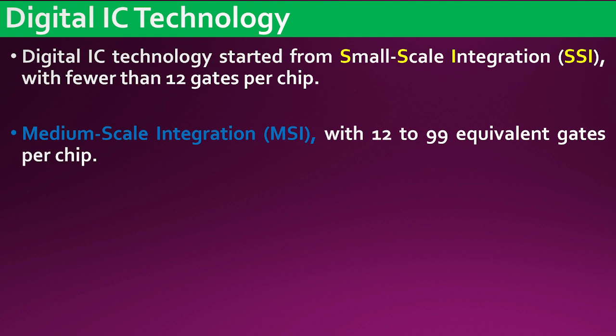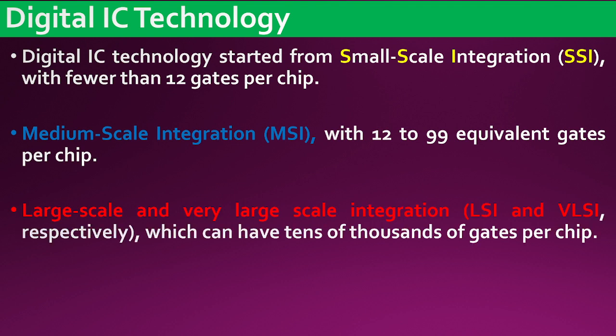Now after SSI, there were efforts to integrate more into it. So there came the medium scale integration, which was around 12 to 99 equivalent gates per chip. Then it started with the large scale and very large scale integration, that is LSI and VLSI respectively, which had tens of thousands of gates per chip.